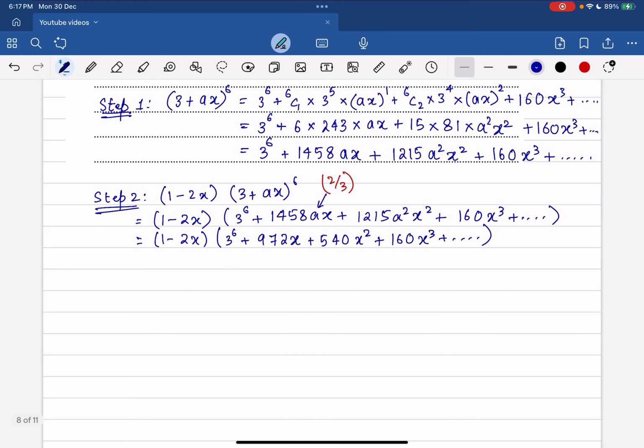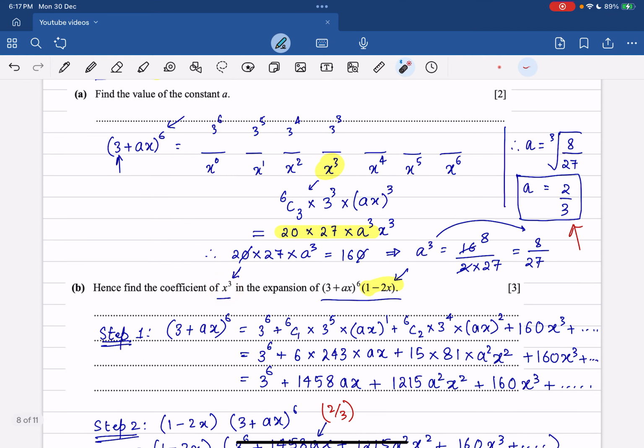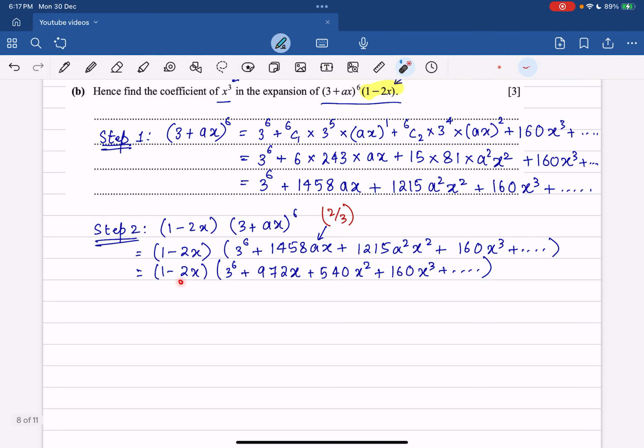What am I interested in? My interest is x cube. If I'm multiplying minus 2x with x, I will get x squared. If I multiply minus 2x with x square, I will get x cube. So this is one multiplication that I'm interested in. What is the other multiplication? I need x cube, so the x cube term over here getting multiplied with the constant also gives me x cube.